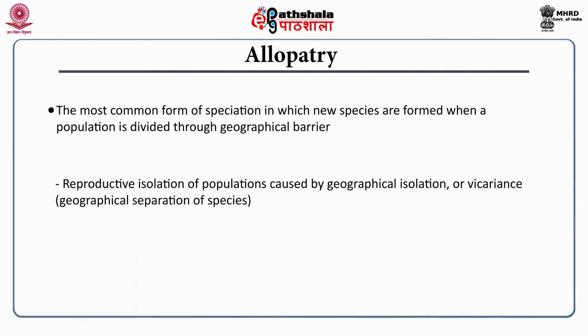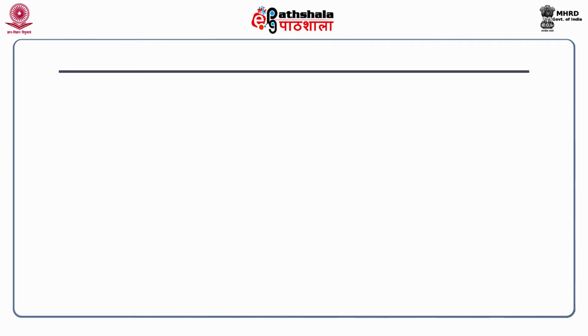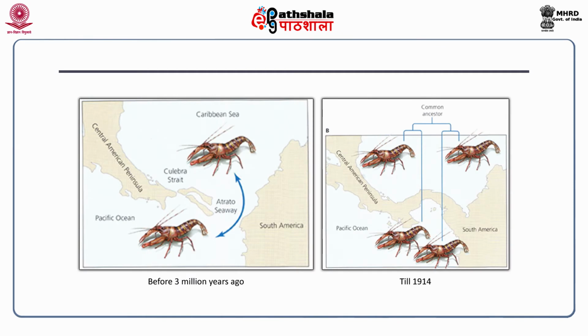The initial block to gene flow in allopatric speciation is a physical barrier that isolates the population. You can think of a mountain range isolating a previously contiguous population. One example, in this particular diagram, is the Isthmus of Panama. Before 3 million years ago there was no isthmus.